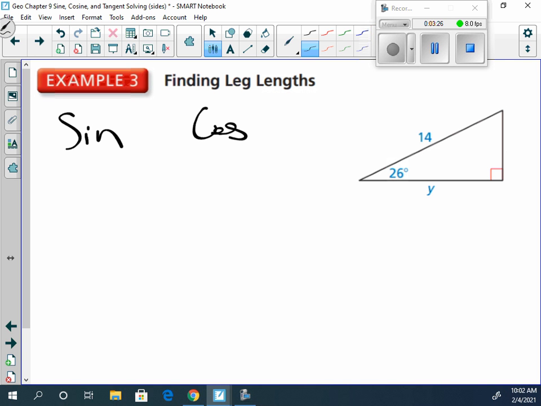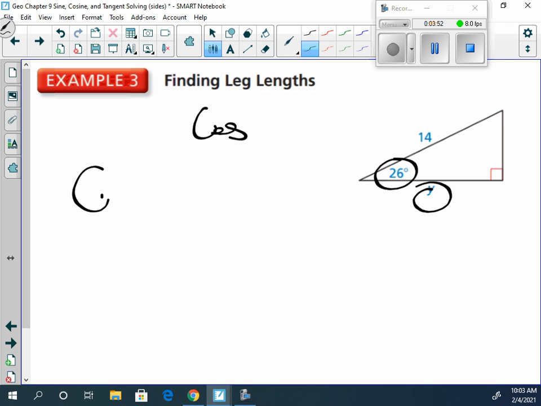Now, what am I solving for? I'm solving for y, yes? So how does y and our angle here relate to each other? They're adjacent. So which one of them, sine and cosine, uses adjacent? Cosine. So that means I'm not going to be using sine.